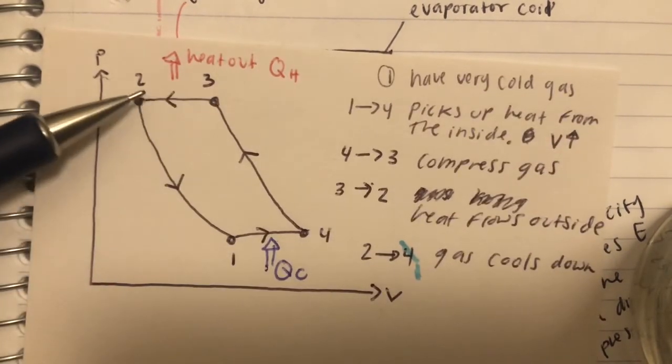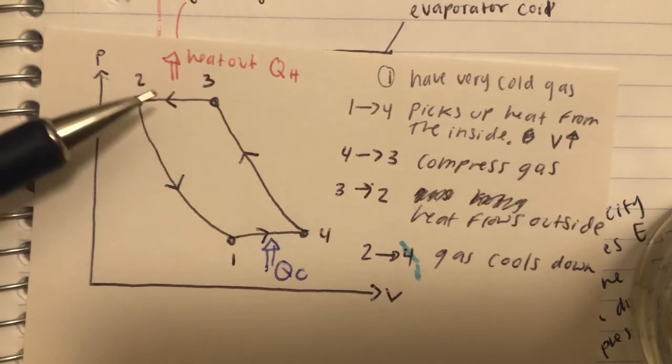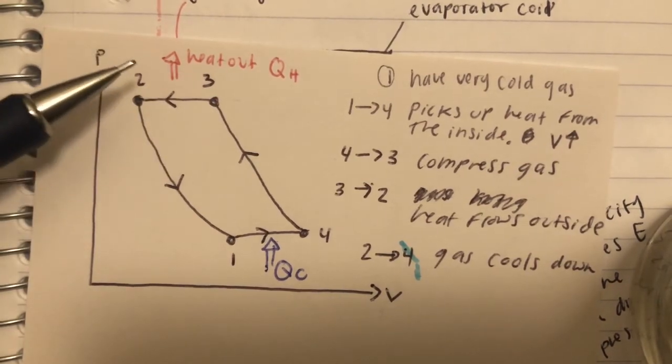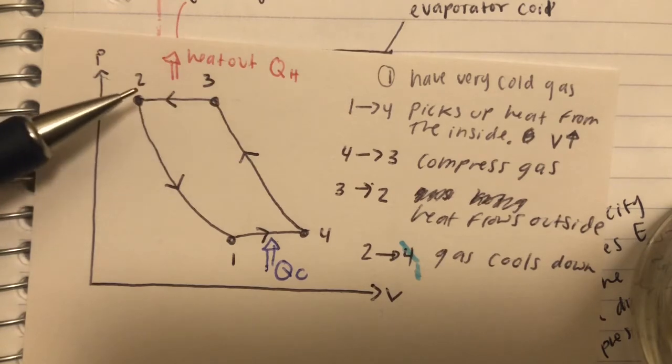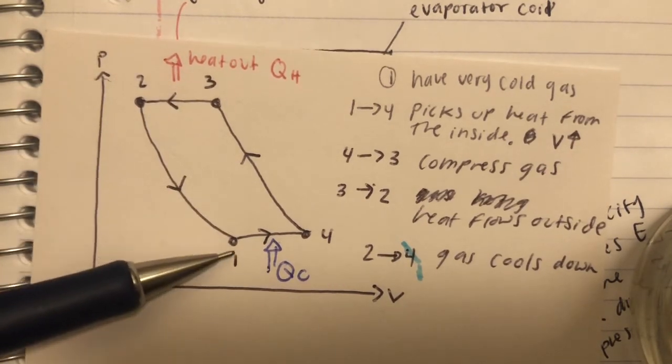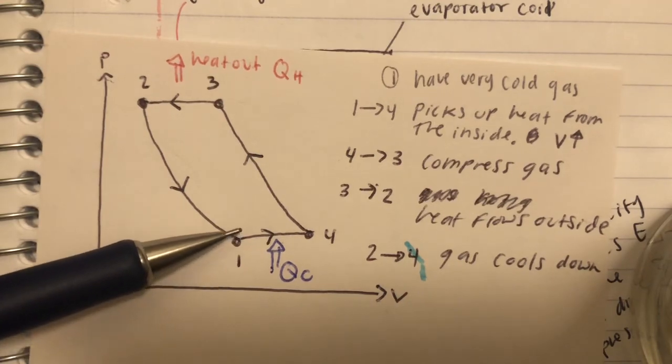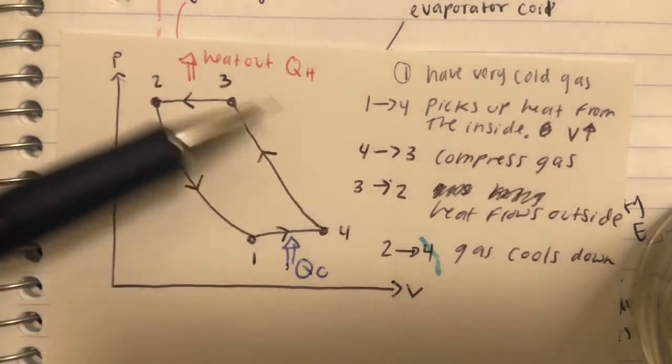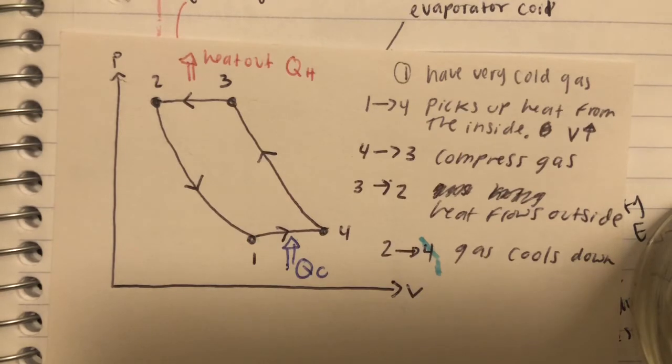So from 3 to 2, heat is flowing to its surroundings, so the outside of the fridge. And once heat is released, it cools right back down to this temperature. And you could restart the cycle right over again. So that is explaining it using the PV diagram.